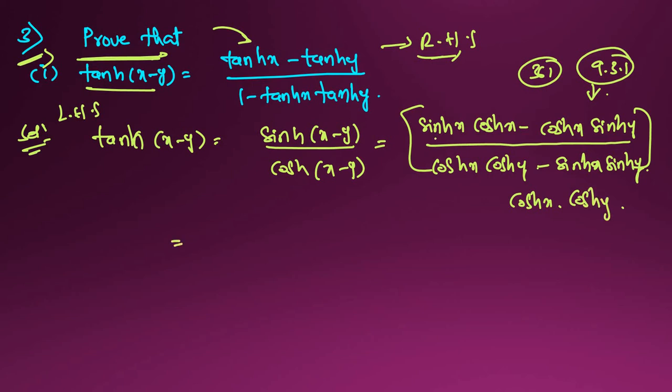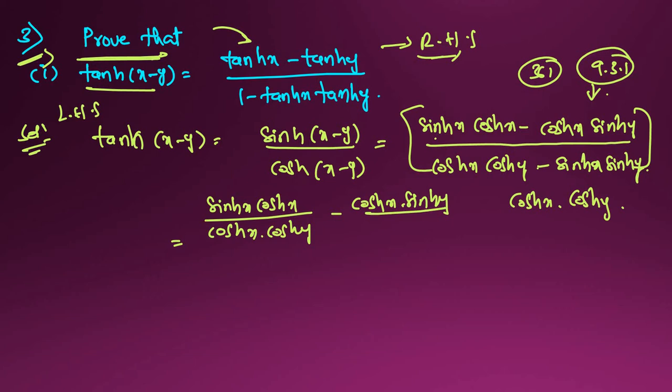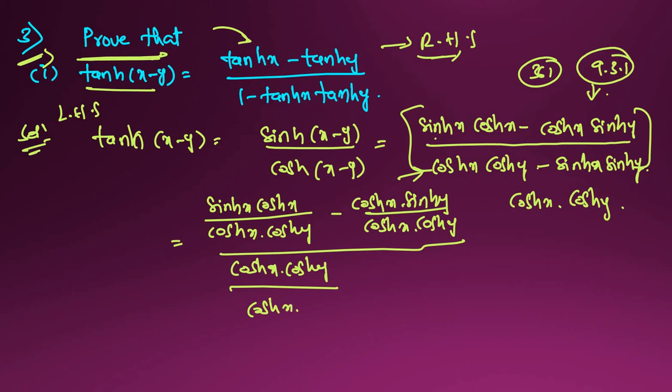It will become sinh x cosh y divided by cosh x cosh y, minus cosh x sinh y divided by cosh x cosh y, and the whole divided by cosh x cosh y divided by cosh x cosh y, minus sinh x sinh y divided by cosh x cosh y.